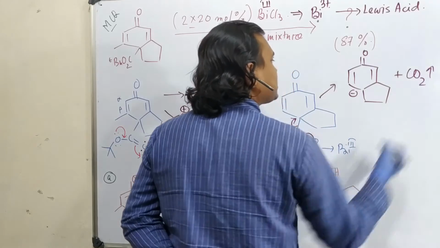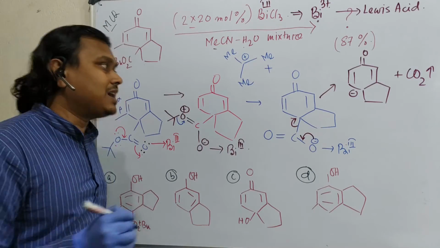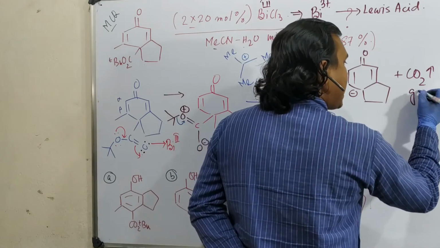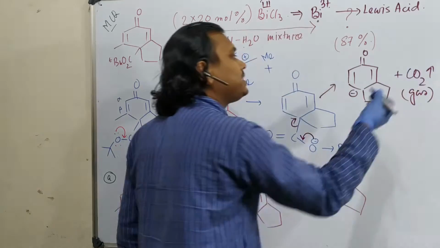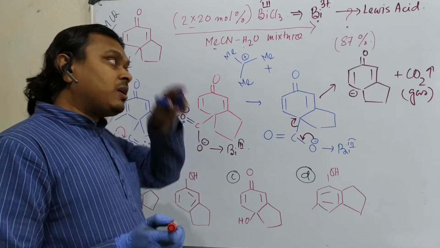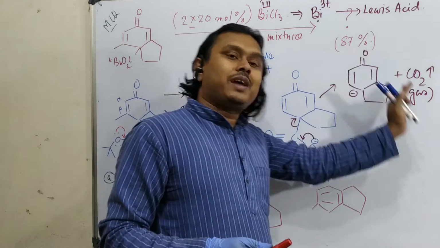Just try to remember, some time before I told you, there are some other thermodynamic and kinetic factors. See, this is actually a gas and it is going out of the reaction mixture, and that is a big advantage. Why? Because it is out of the system, so the equilibrium will shift towards the right side.